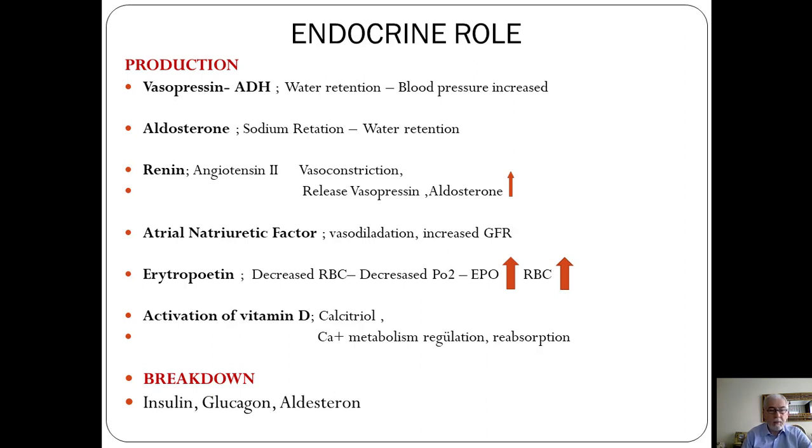Also, the aldosterone renin-angiotensin system, especially aldosterone, is responsible for sodium retention and water retention and control. The renin-angiotensin system is also responsible for vasoconstriction and for release of vasopressin and aldosterone hormones. It has a very important regulative role.